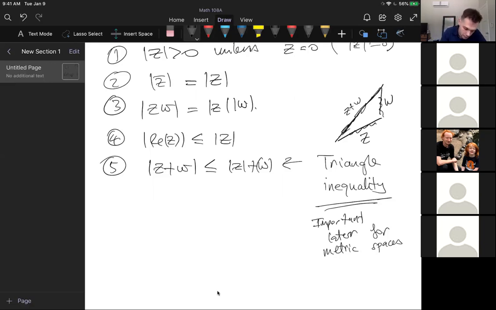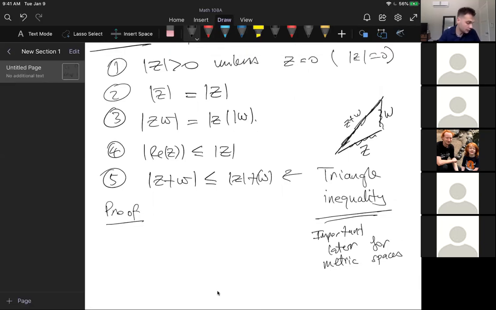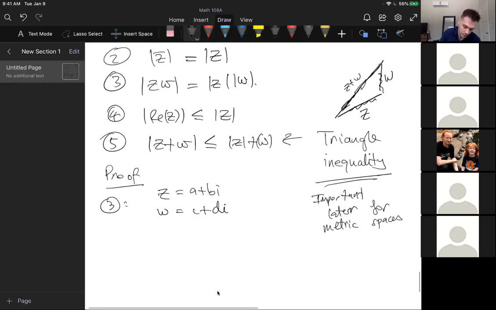I'm not going to prove 1 or 2 because they basically follow immediately. I'll just quickly do 3, 4, and 5. For 3, set Z to be a plus bi and W to be c plus di. Then the norm of the product squared is (ac minus bd) squared plus (ad plus bc) squared.